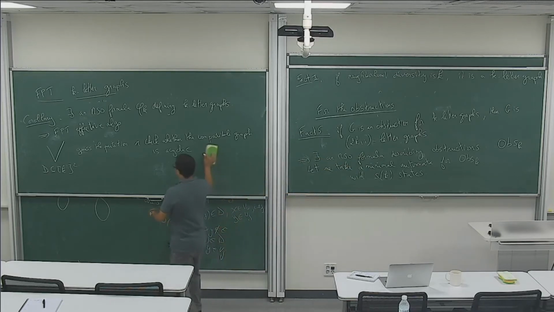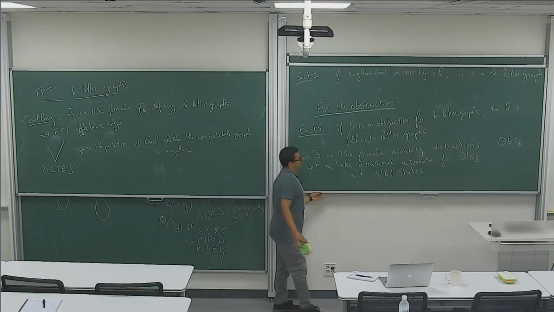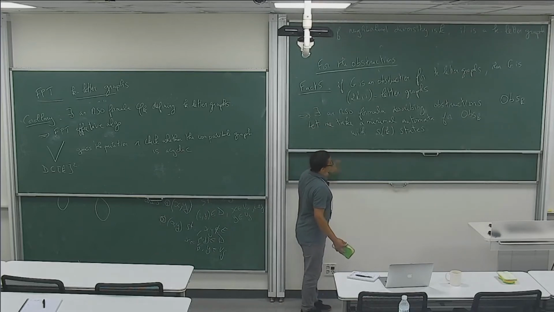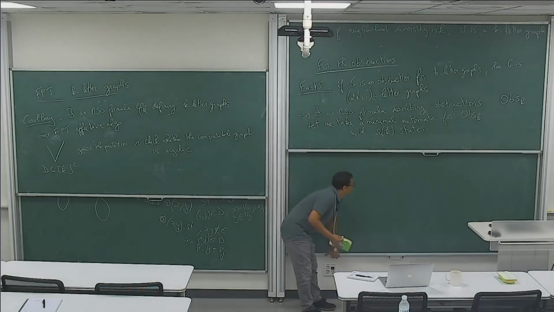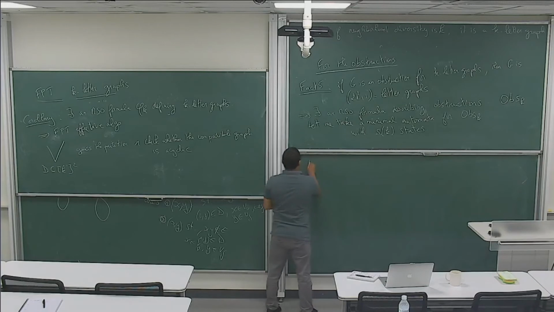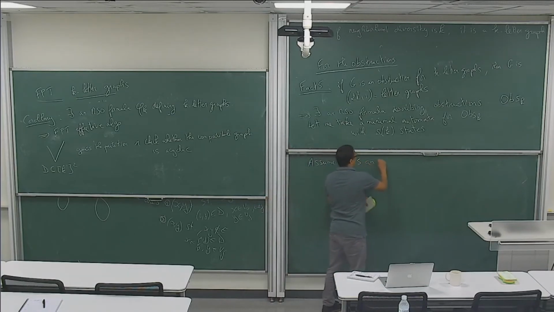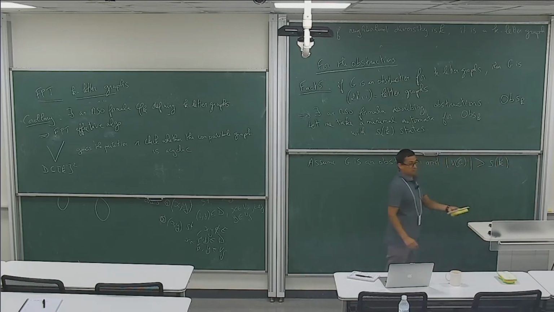So assume now G is an obstruction, and has size bigger than S of k.